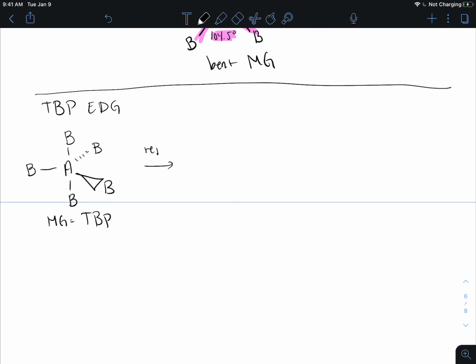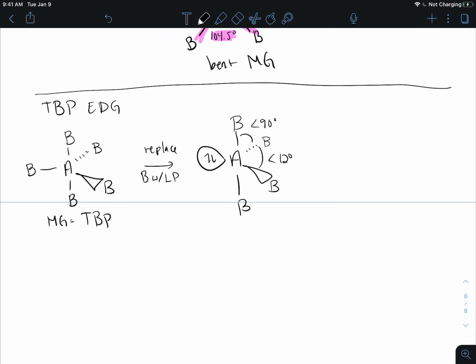We're going to replace B with a lone pair, and we get this structure right here. Here, this lone pair is going to be pushing, so this is going to be less than 90 degrees, and then this is going to be less than 120 degrees. You don't need to know exactly, just less than.